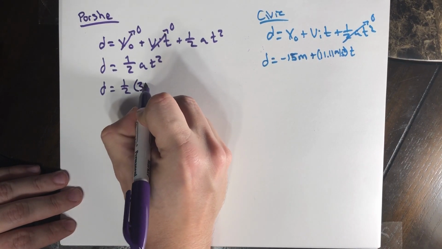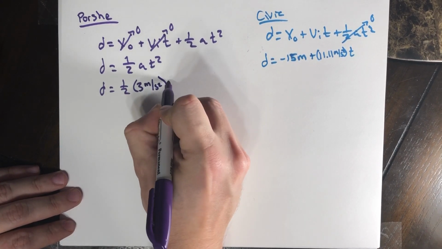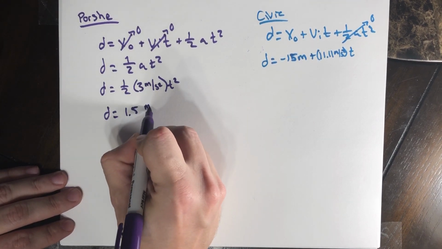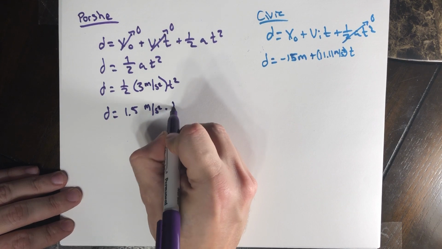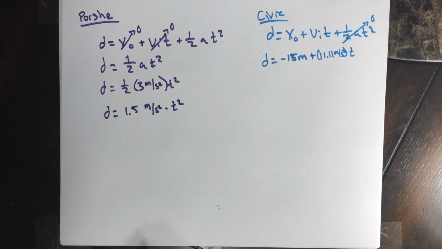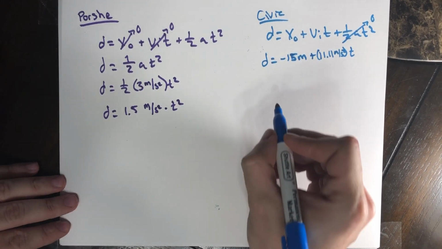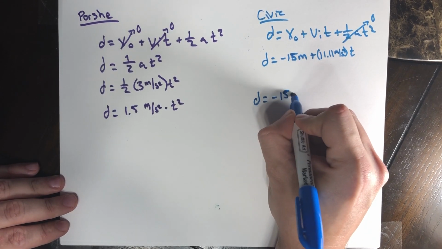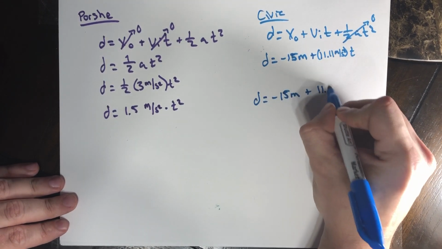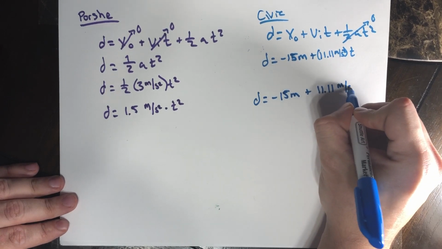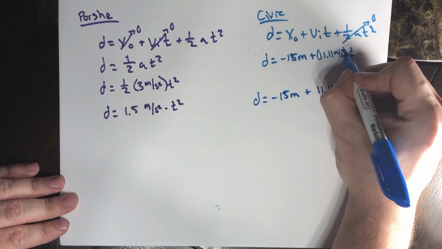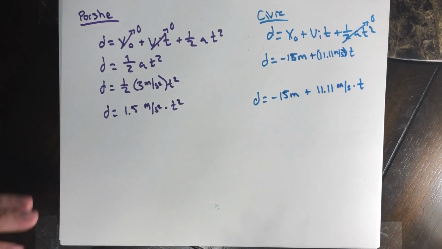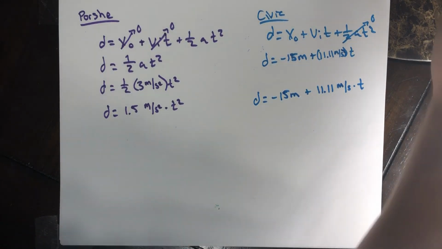So 3 meters per second squared times t squared gives us 1.5 meters per second squared times t squared. So that's our equation for our Porsche. And the equation for the Civic, we just bring down, because we already plugged everything in: negative 15 meters plus 11.11 meters per second times time. Again, time is going to be in seconds. So we sort of got it set up.